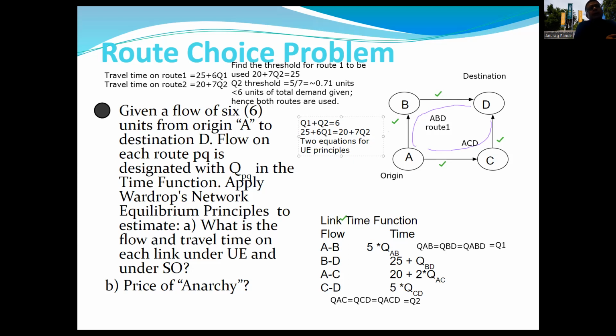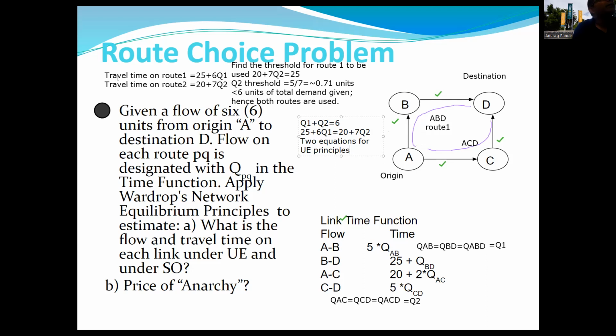Now, for system optimal, that's not how it works. For system optimal, we try to minimize the aggregate system travel time. So how do we do that? To get the aggregate system travel time, what we need to do is figure out how many vehicles are using Route 1 and how many vehicles are using Route 2.